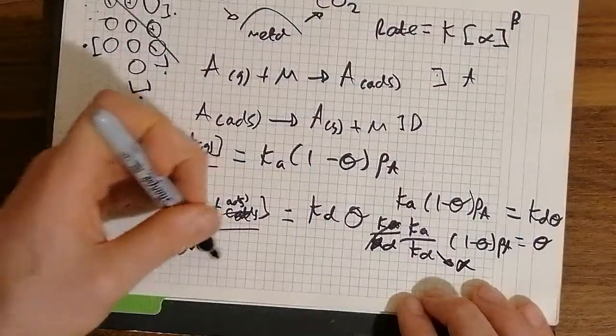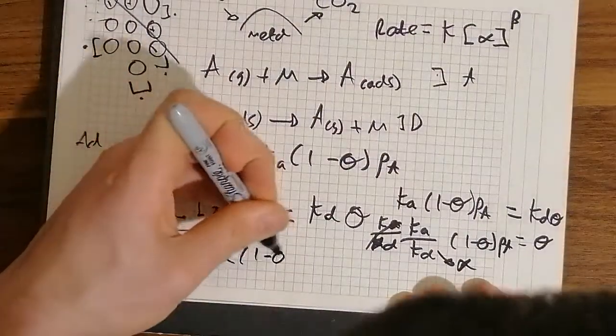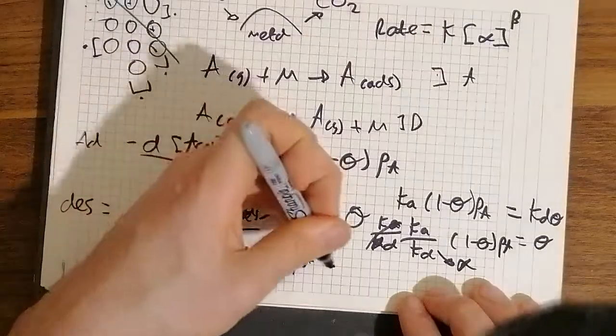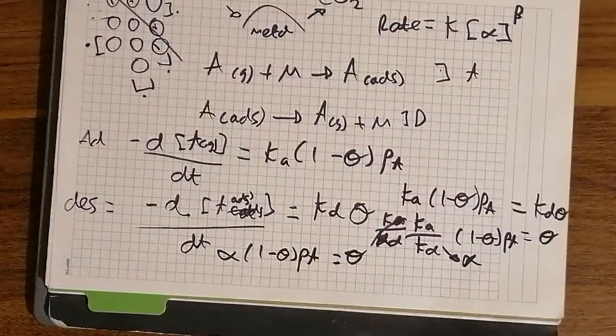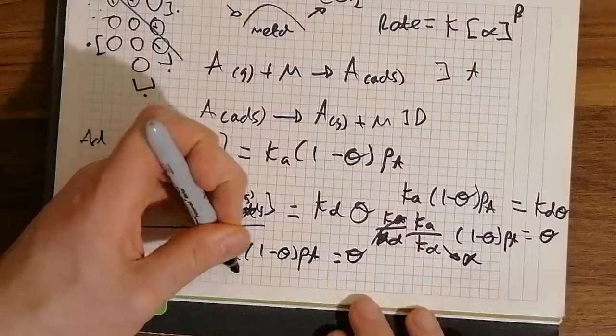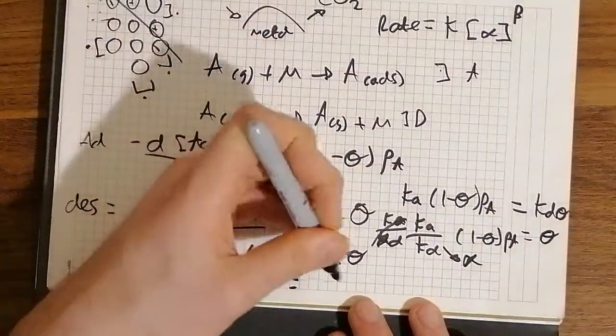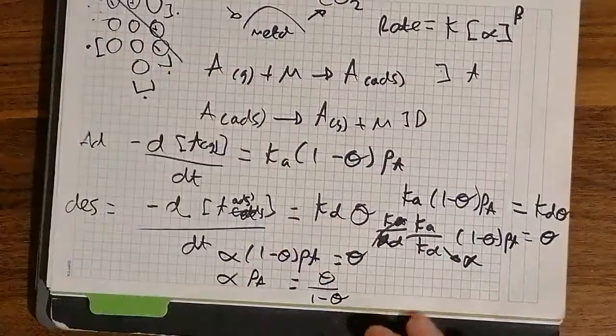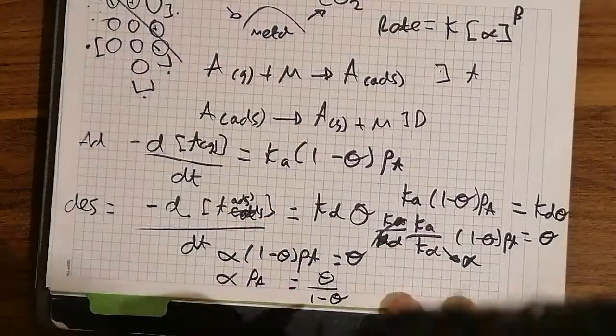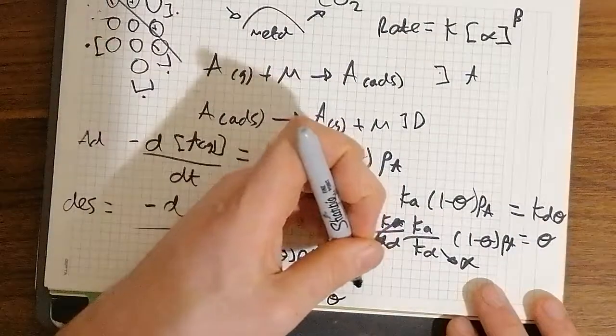So now we have alpha Pa equals theta over 1 minus theta. Now we're going to divide by 1 minus the surface coverage. This is going to give you the Langmuir isotherm that is spoken about quite briefly. And then we don't want to do partial fractions, so I think we can just flip it.